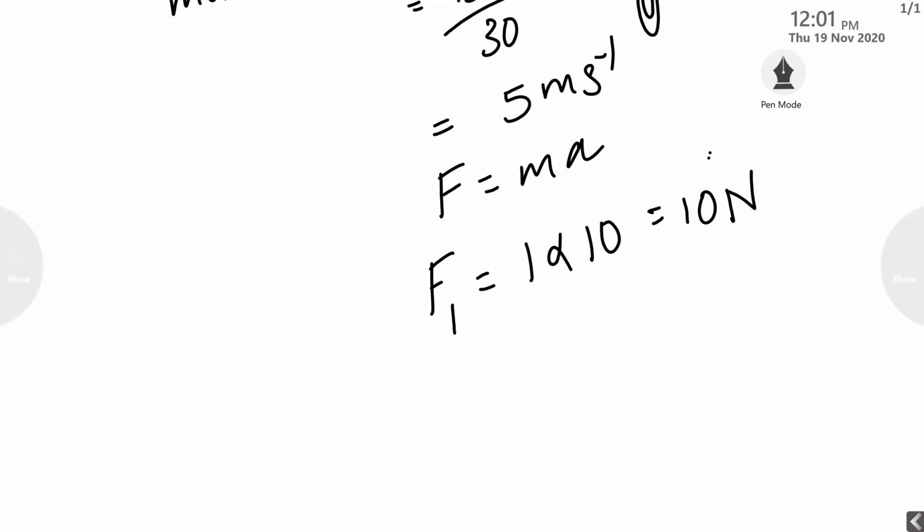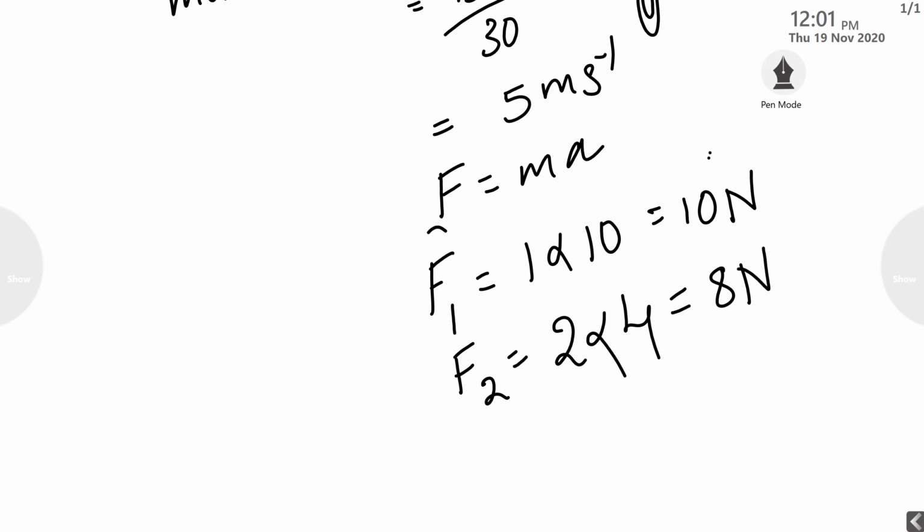Second case, F2: mass 2 kg into acceleration 4 meters per second squared, so it is 8 newtons. So F1 requires more, 10 newtons is greater than 8 newtons. So F1 requires more force.